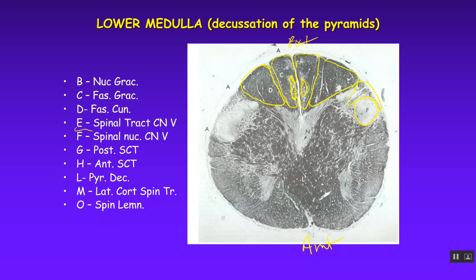Then they make connections with the nucleus as they descend. So what you're seeing there is this little tract, which is the pain and temperature fibers from the face, from the trigeminal nerve. They're coming down from higher, traveling down this tract, and making connections with the actual nucleus along the way. So F is the nucleus. F is that spinal nucleus of cranial nerve number 5.